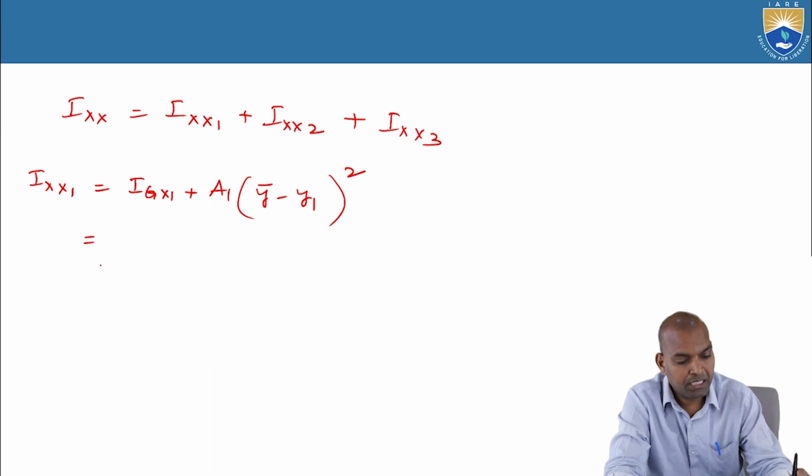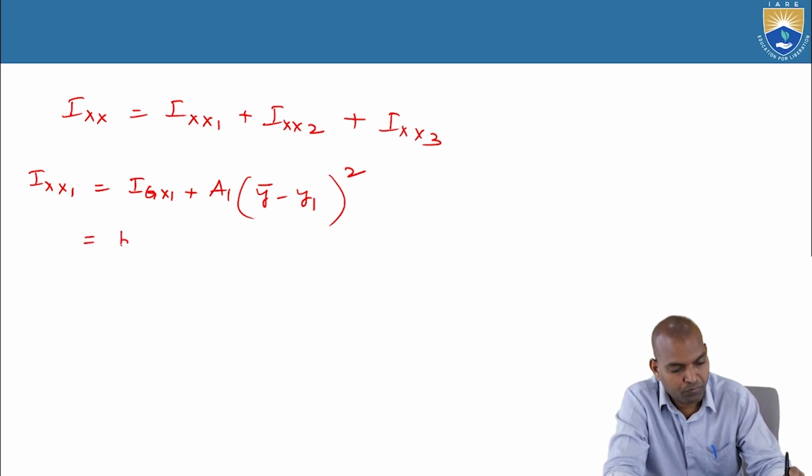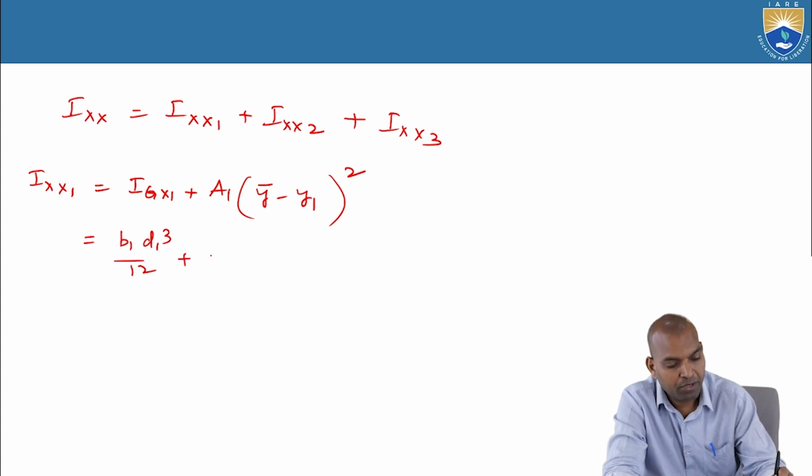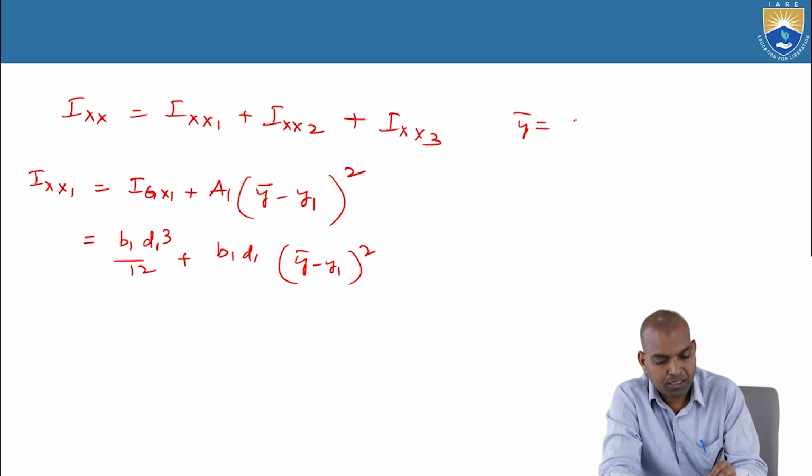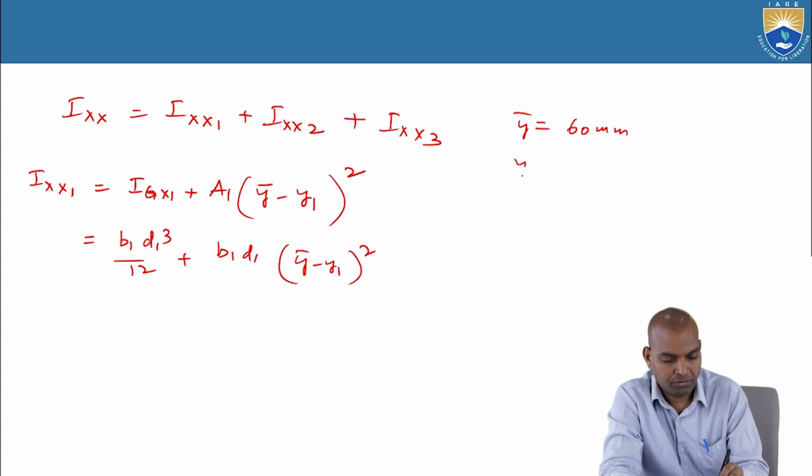IGX1 means B1 D1 cube by 12, and A1 is B1 D1, again with bar y minus y1 whole square. We know bar y is 60 millimeters, and Y1 equals 115 millimeters.